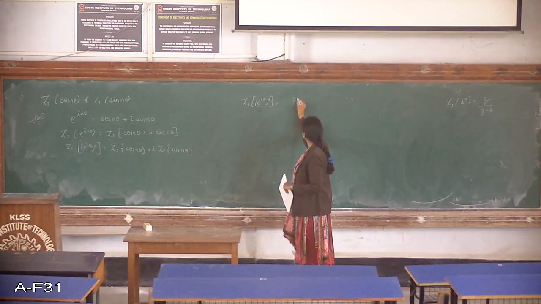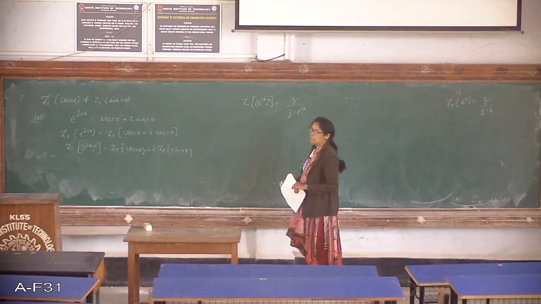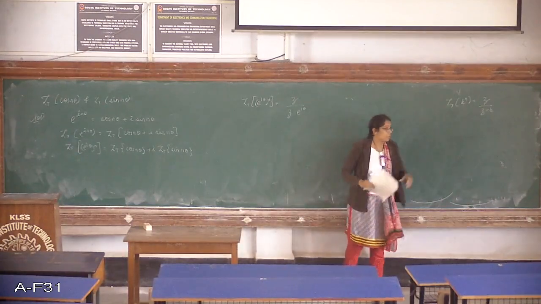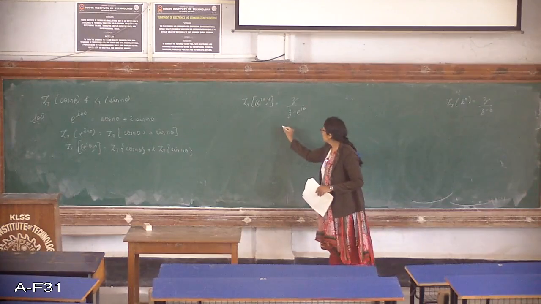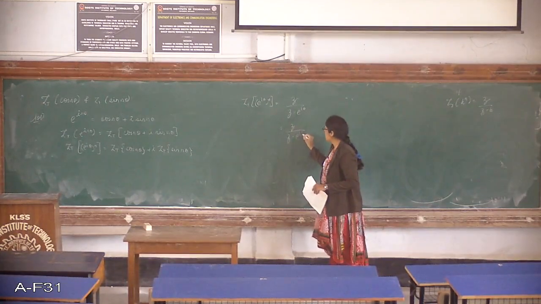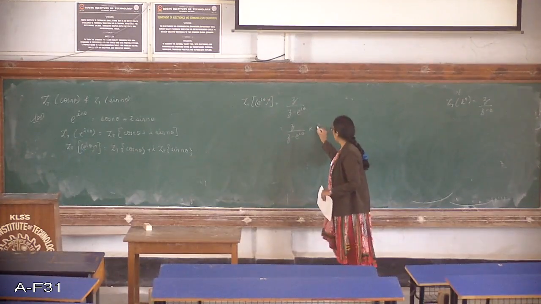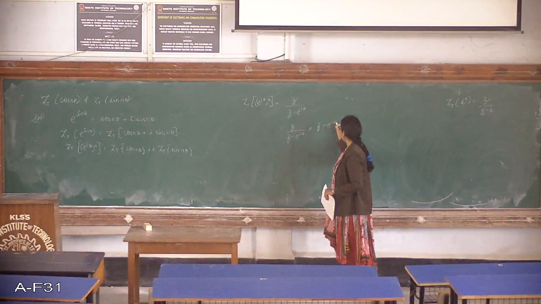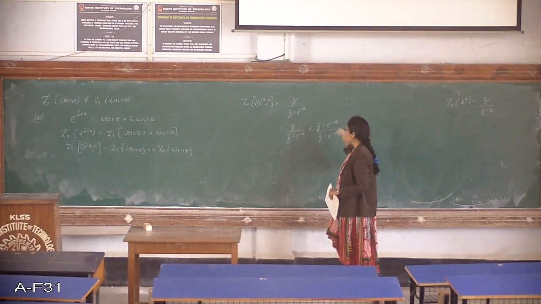So I write this as z by z minus e raised to i theta. That is, k here is just replaced by e raised to i theta. Now this I shall just write as z divided by z minus e raised to i theta, and I shall multiply and divide by z minus e raised to minus i theta divided by z minus e raised to minus i theta.